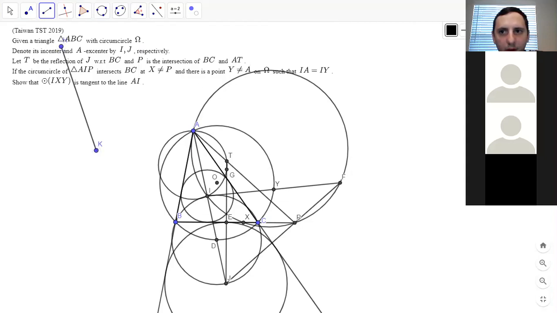So if we can show OI is perpendicular to IX, does that solve the problem? Yeah, it solves.